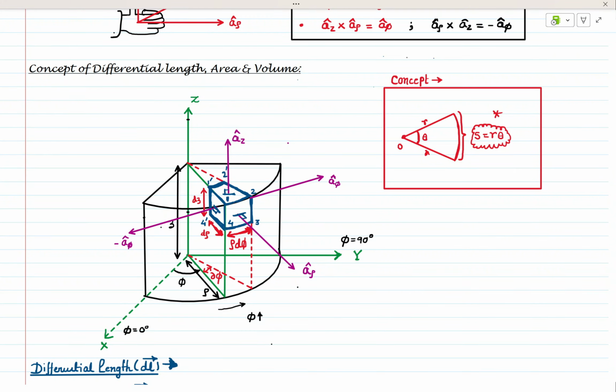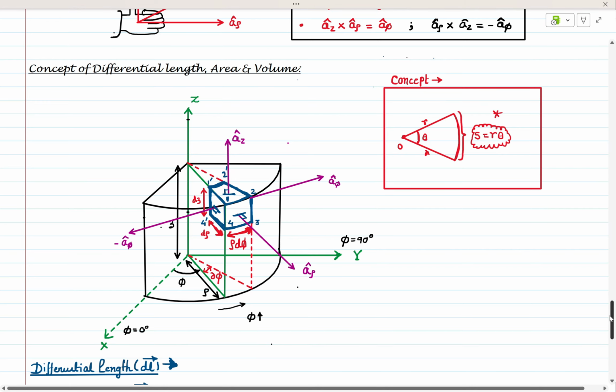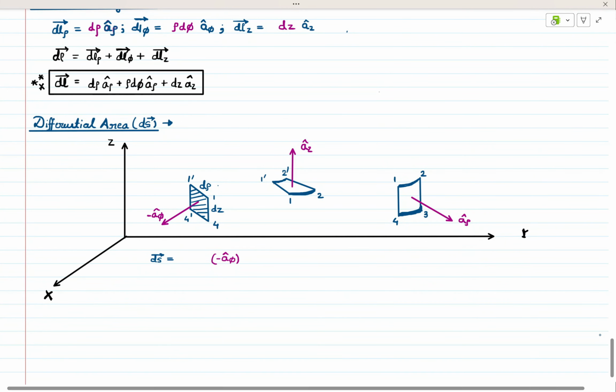Similarly, 1 dash 4 dash length is dz. If 1 dash 4 dash length is dz, then 1 4 will also be dz, because these are parallel lines with respect to each other. That's why I have written this is the dz and this is the d-rho. So what will be the magnitude of the area here? It is nothing but d-rho dz, in the direction of the minus arrow.